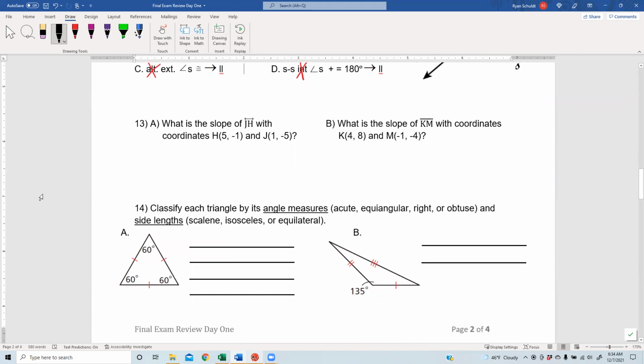Okay, 13. What's the slope of JH with the coordinates 5, -1 for H and 1, -5 for J? So our slope formula, y2 minus y1 over x2 minus x1. Label your points: x1, y1, x2, y2.